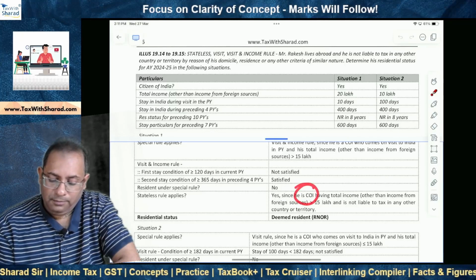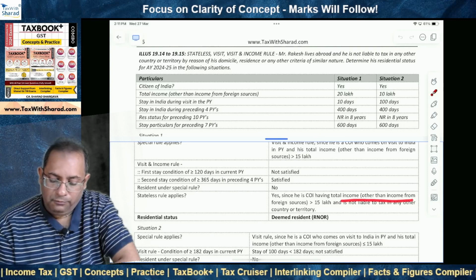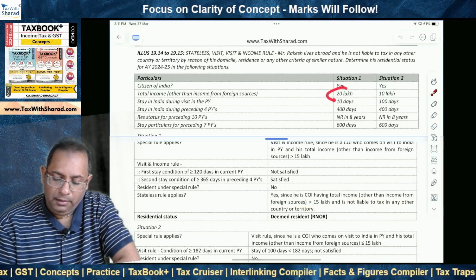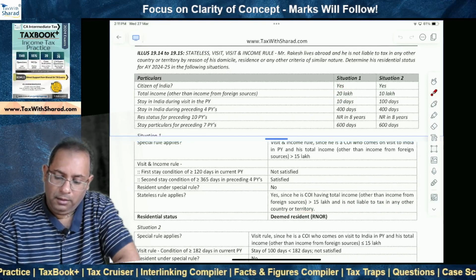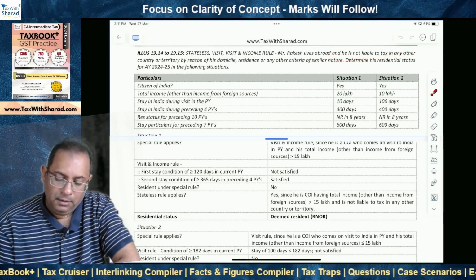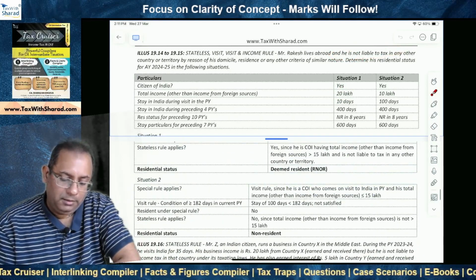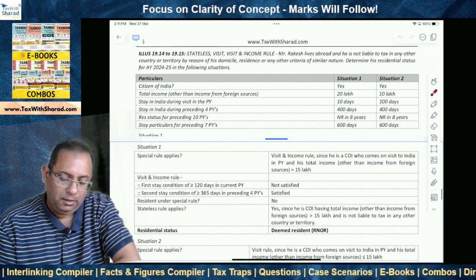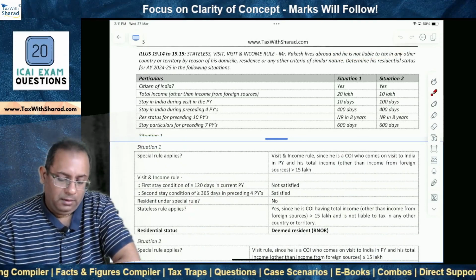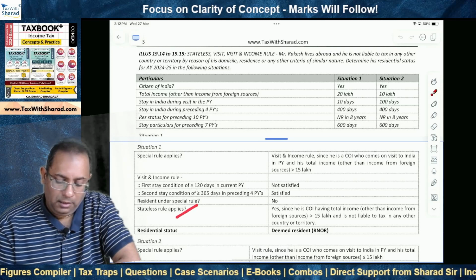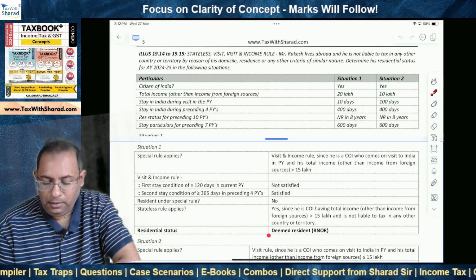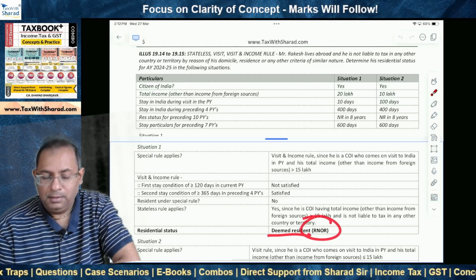He is a citizen of India. Total income other than income from foreign sources is more than 15 lakh. It is 20 lakh. And he is not liable to tax in any other country or territory. So conditions of stateless rule are satisfied. So even though he is not a resident under any of the special rules, even then stateless rule will apply, and he will become a deemed resident, and he will be treated as a RNOR.